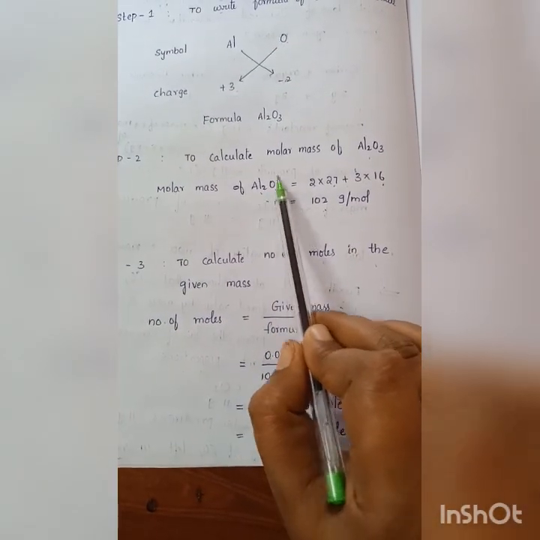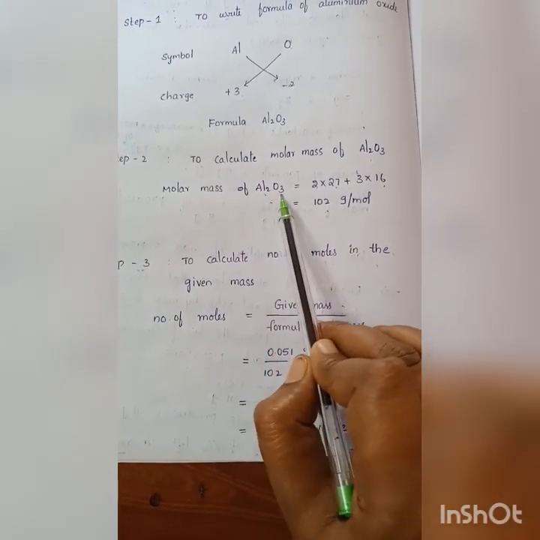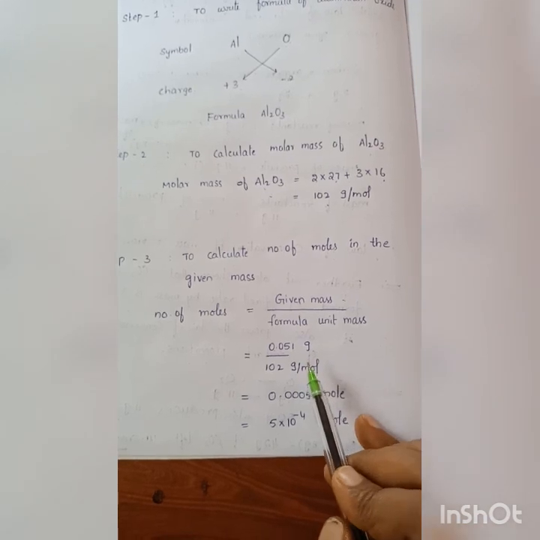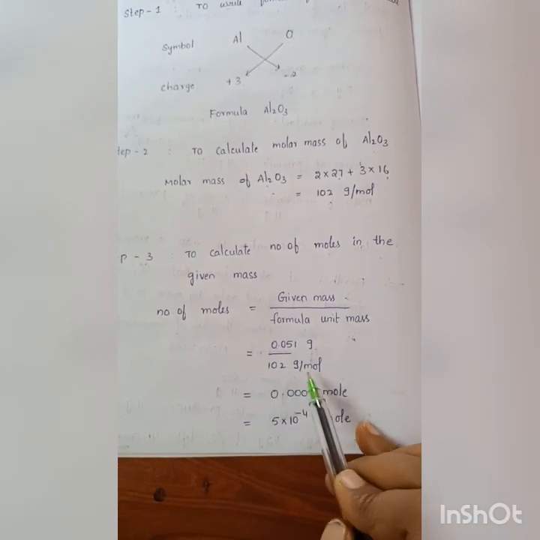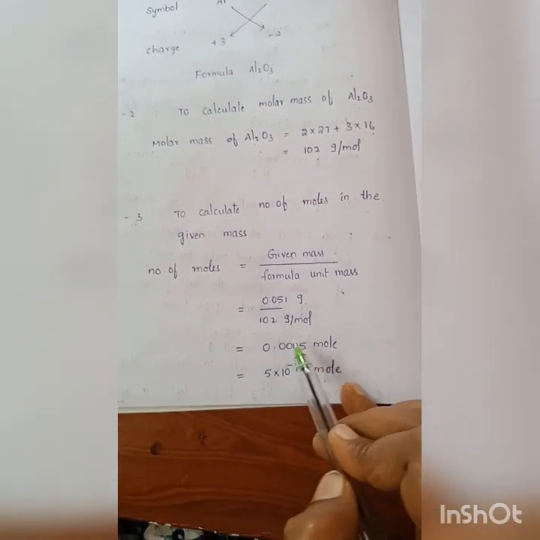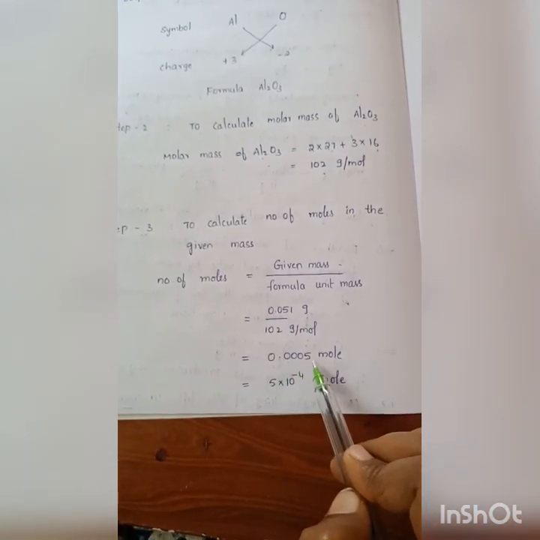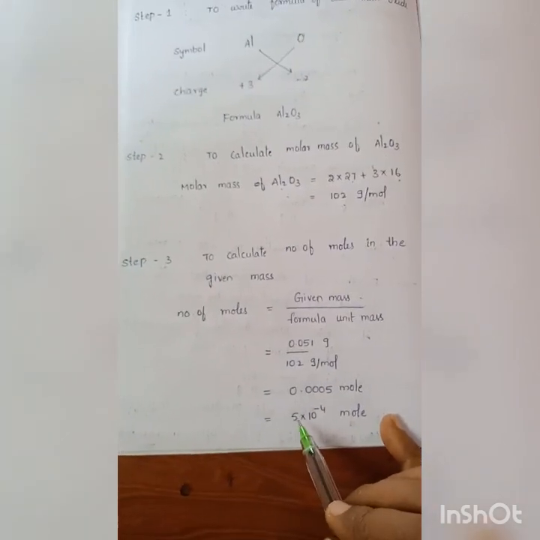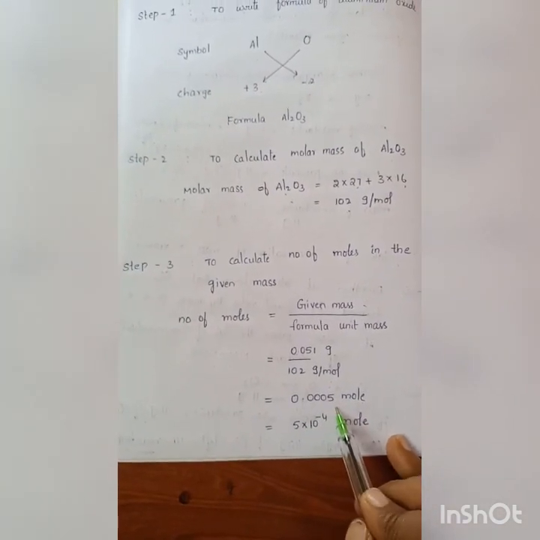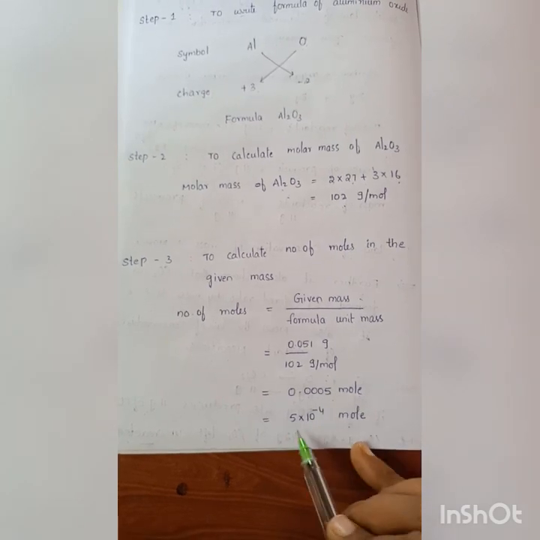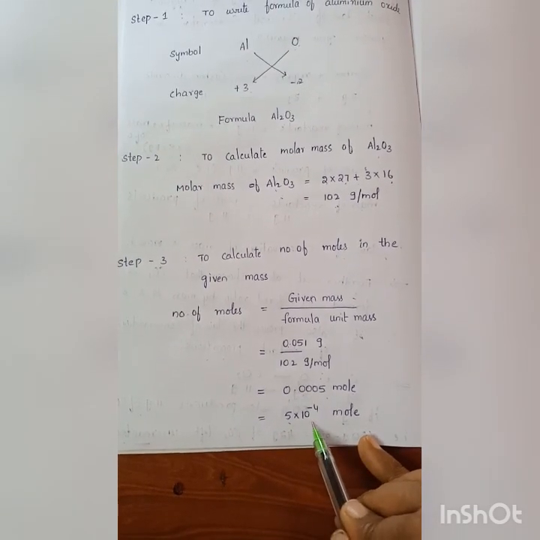Formula unit mass is nothing but the mass of this formula in terms of molar mass. So 102 gram per mole. Simplify it, you will get 0.0005 mole. Express in single digits. Divide it by 10,000. You will get 5 into 10 power minus 4 mole.